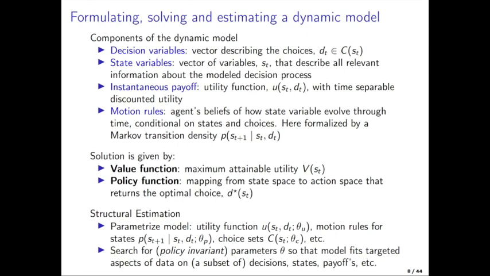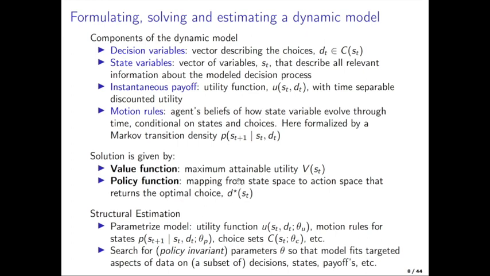This is what we're going to talk about in the second part. That involves parameterizing the utility function, for instance, with some parameters that index it. You want to parameterize the transition rules for the state variables, P, and perhaps even the choice sets. If you have a parameter that's indexing liquidity constraints and you have a continuous choice model, you can put it in there.